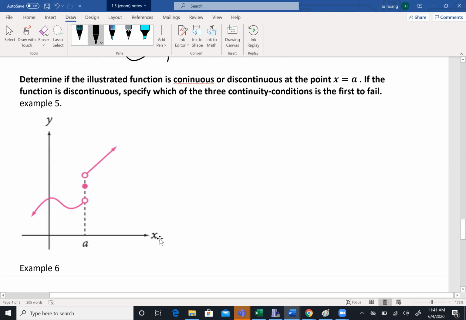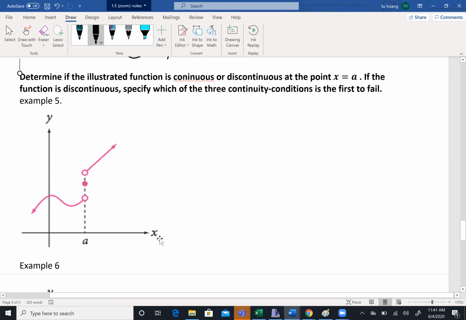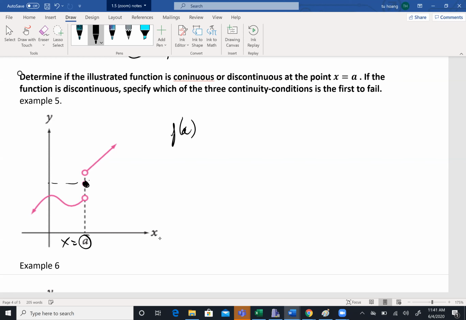In example 5 here, if I'm talking about f(a), is that defined in this case? x equals a is here, and f(a) is at this closed point, and there is a value for that, so I say yes, it exists.